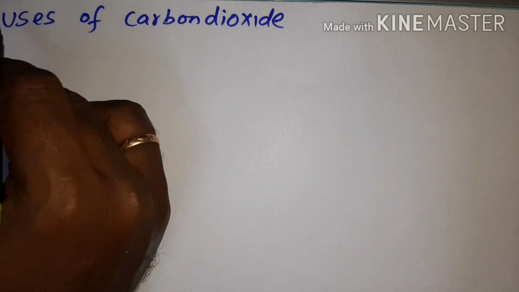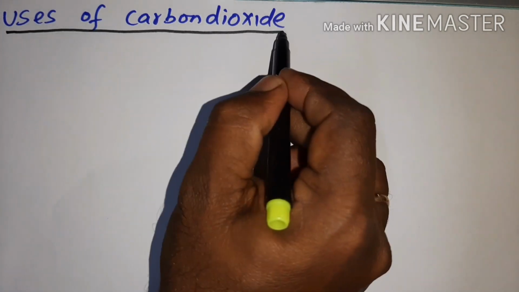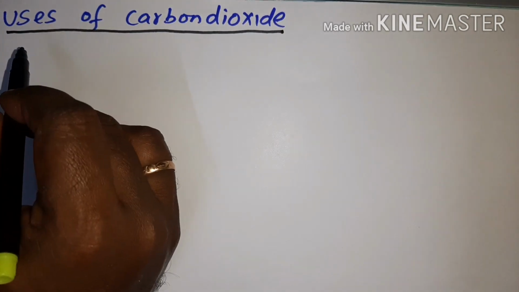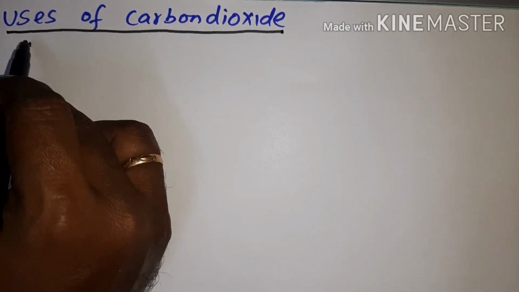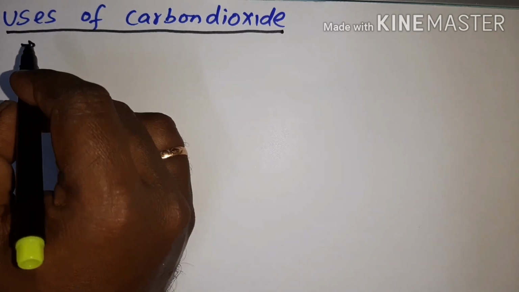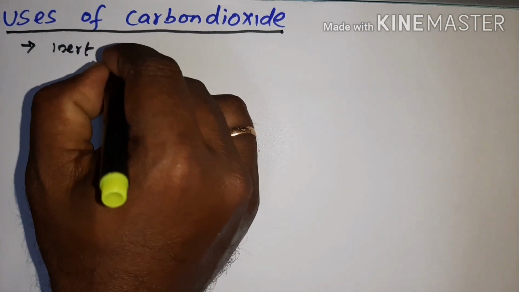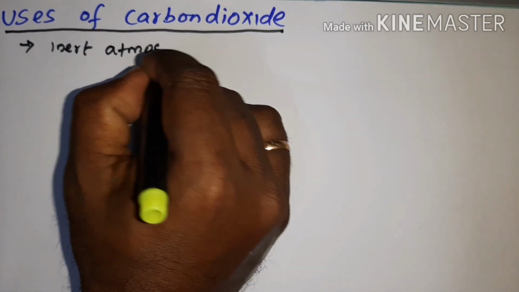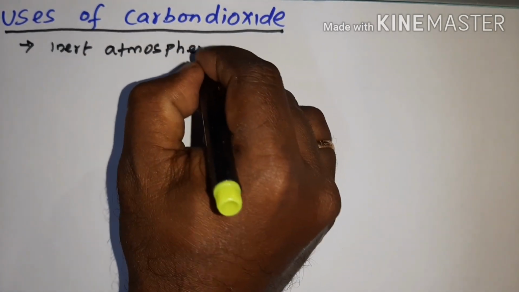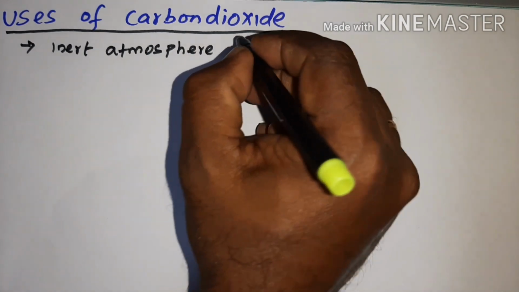Uses of carbon dioxide. There are 4 uses. One is that it is used to produce an inert atmosphere for chemical processing.